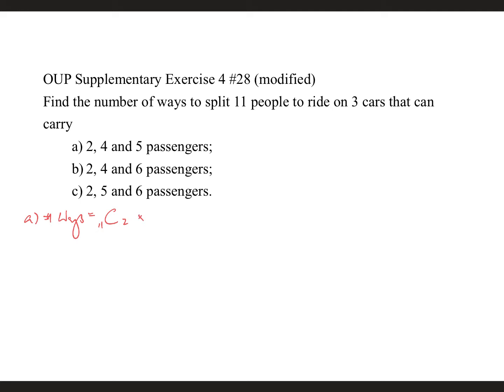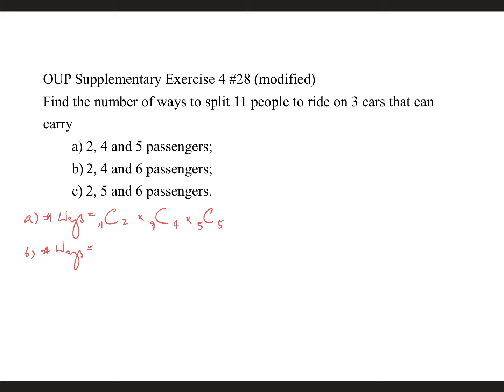Then, from the rest of the 9 people, we choose 4 of them to sit on the second car, and from the rest of the 5 people, we choose 5 of them to sit on the last car. Well, the rest is just using a calculator, so I don't calculate this. You do it yourself.